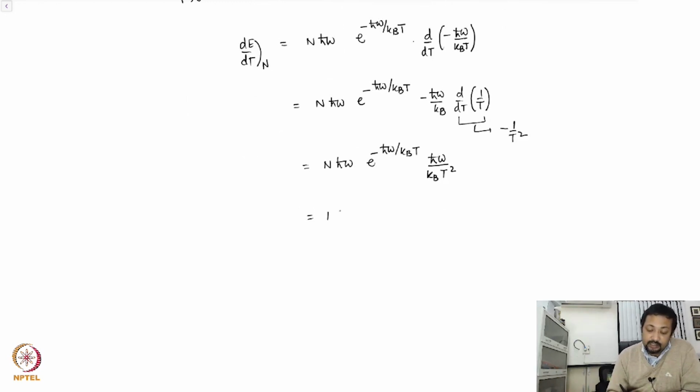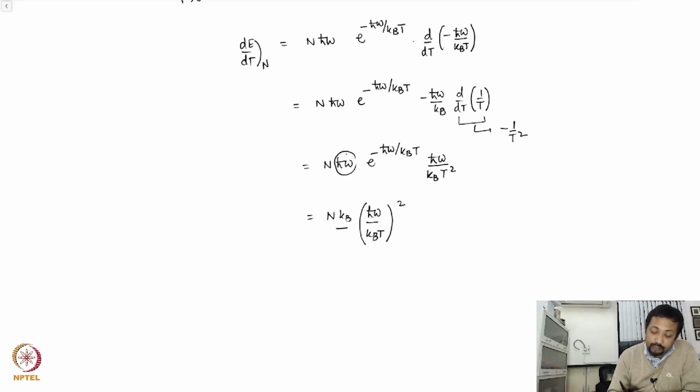Let's recast this a little bit. Rearrange, multiply by kB and divide by kB, so that this kB, now I plug it over here to give me h bar omega divided by kBT whole squared.